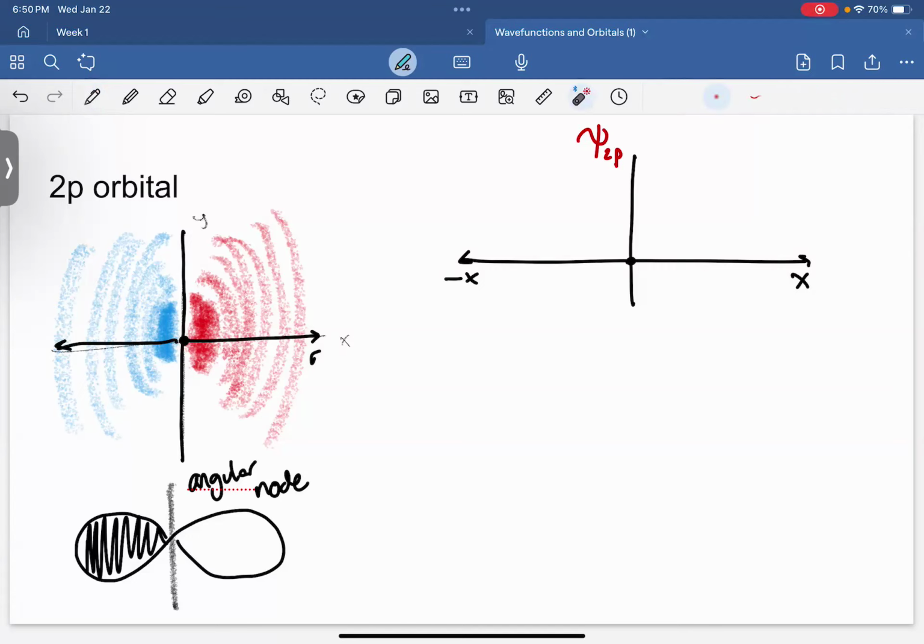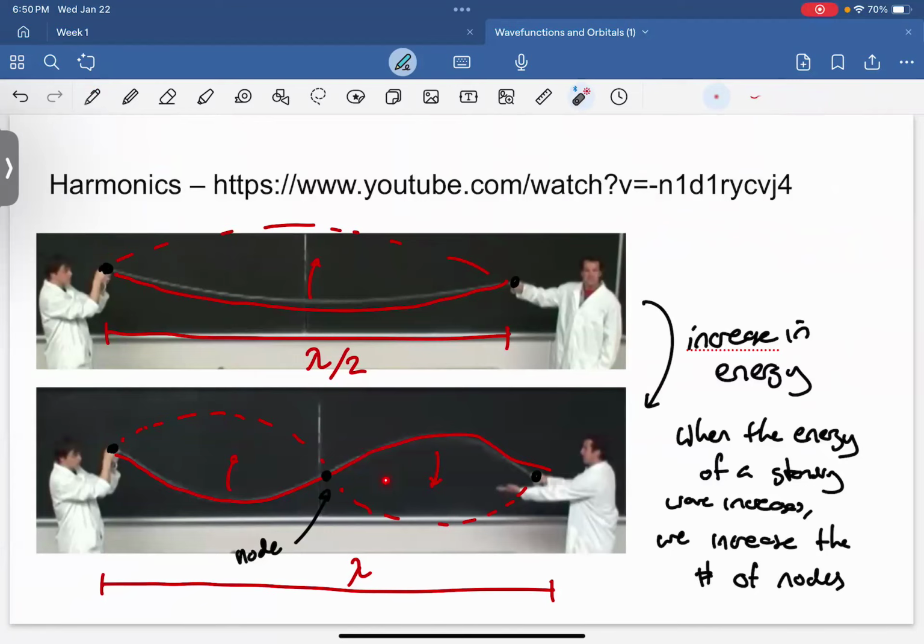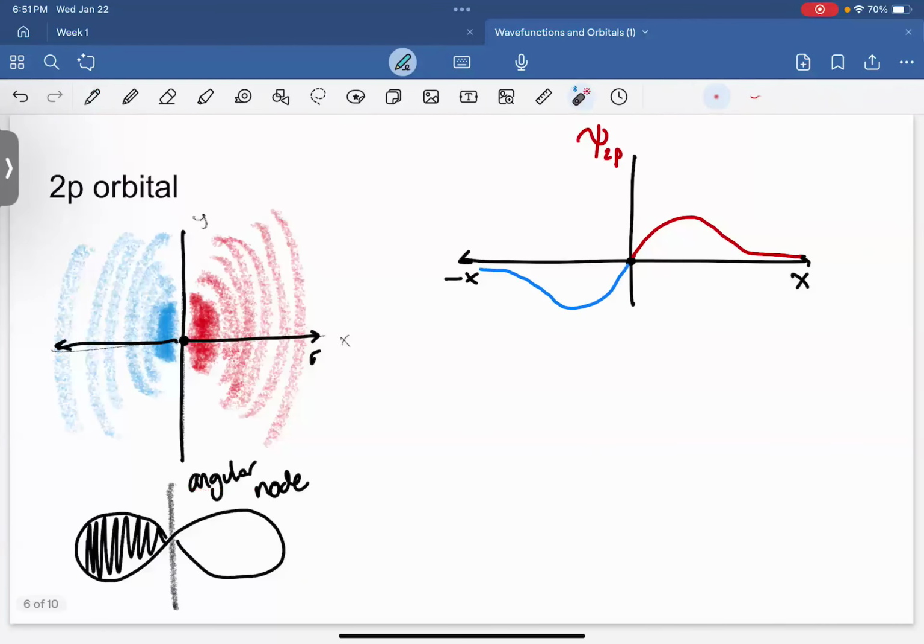And that means when we go to the right, our function is going to go up and then it's going to slowly decay back towards 0. On the left side, it's out of phase. It's going to go down and slowly decay back towards 0. So again, this picture looks a lot like our wave here, just without the fixed points at either end, it just decays out to infinity.